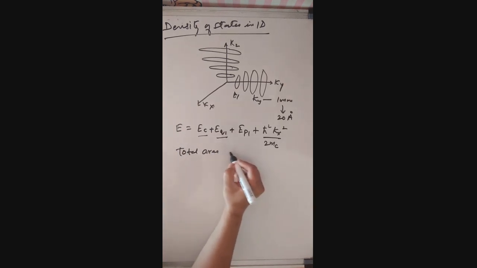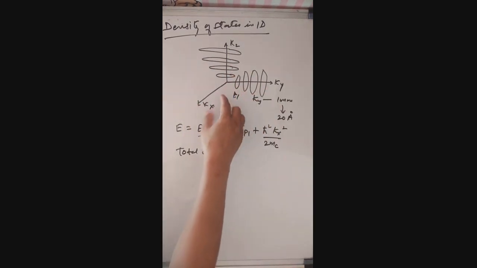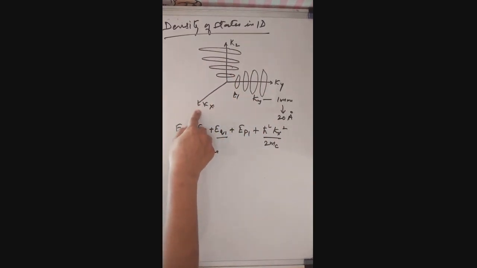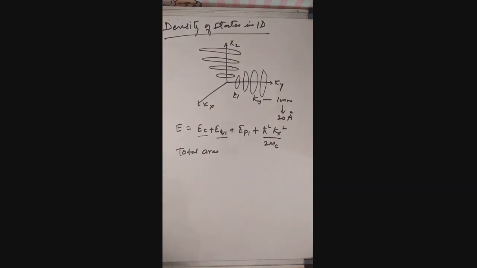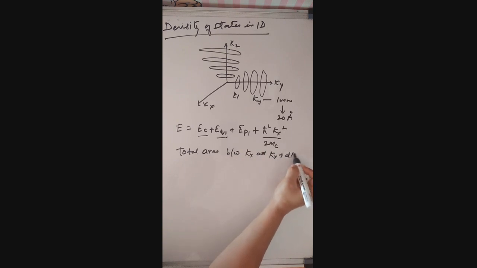Since both dimensions have been reduced, the only free direction is kx, so the structure is kind of a wire now. So we can say the total area between kx and kx plus dkx.